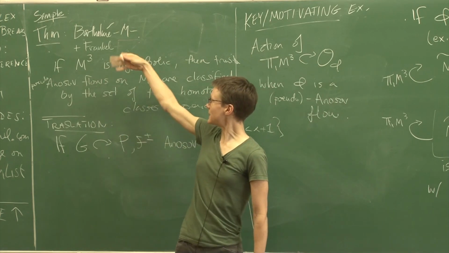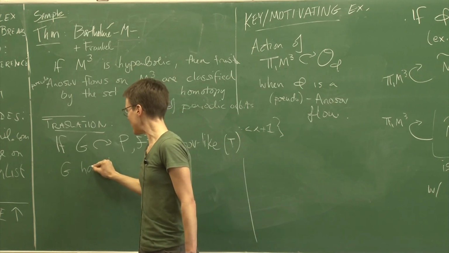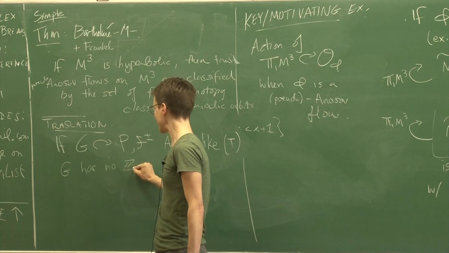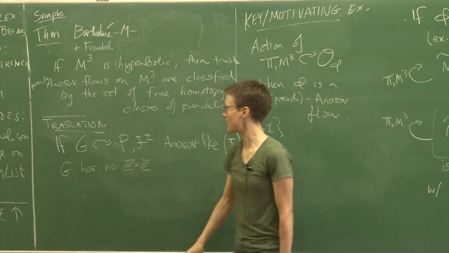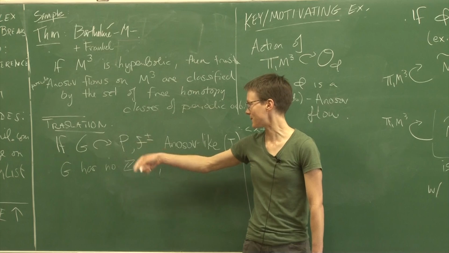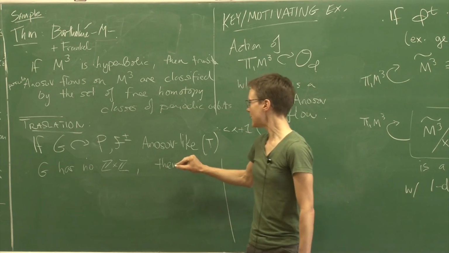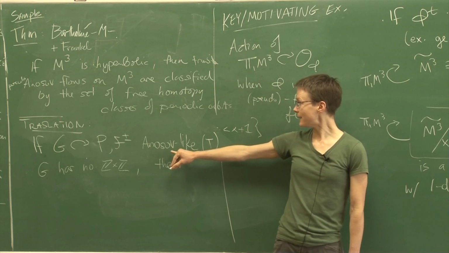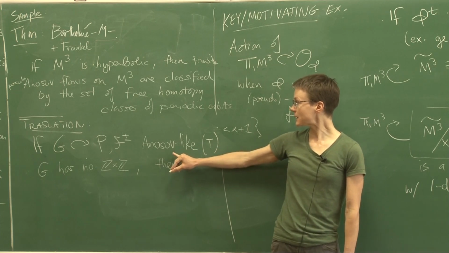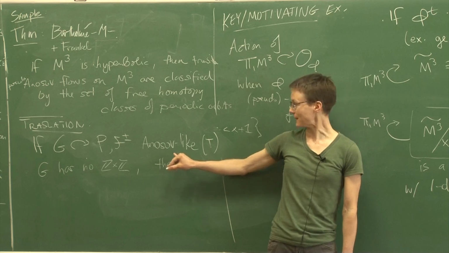And my simplifying assumption to make this easier to state is G has no Z cross Z subgroups. If so, you should record some signs for certain Z cross Zs. Then this action is completely determined by just some collection of elements of G, just a list.